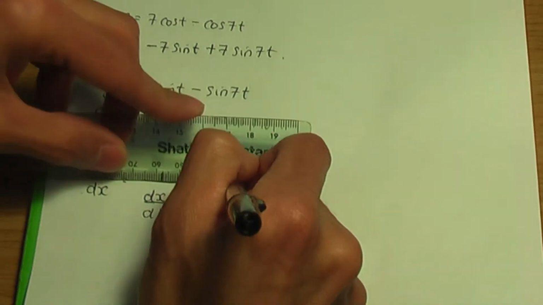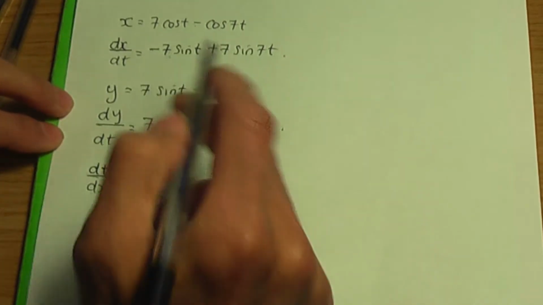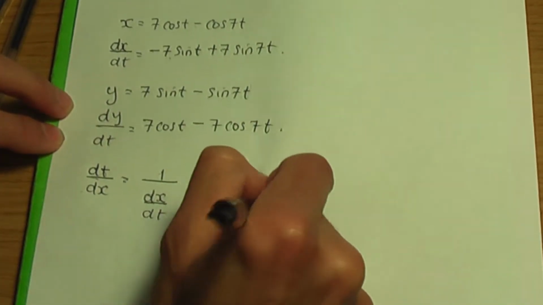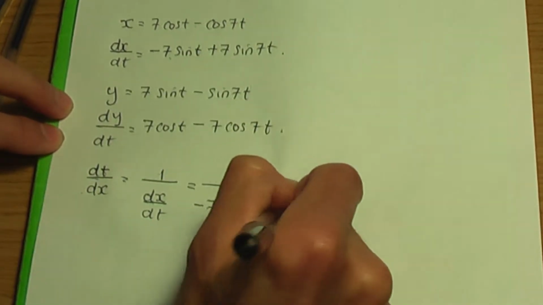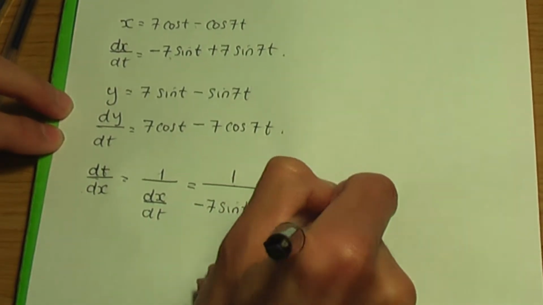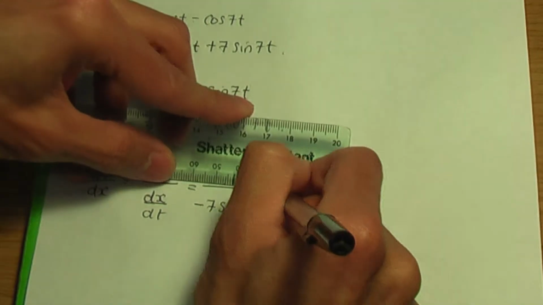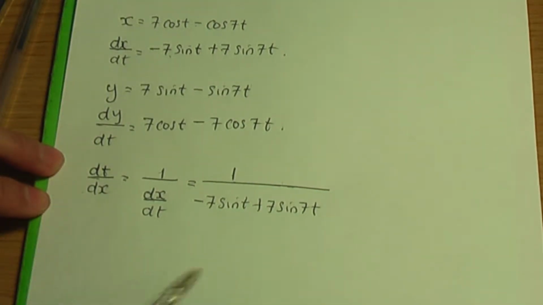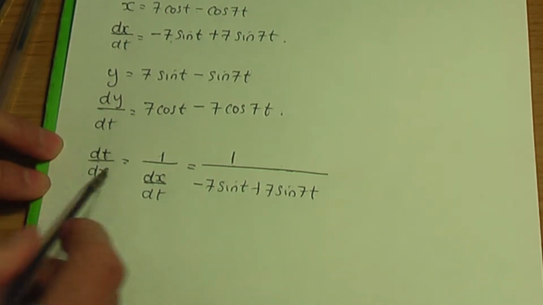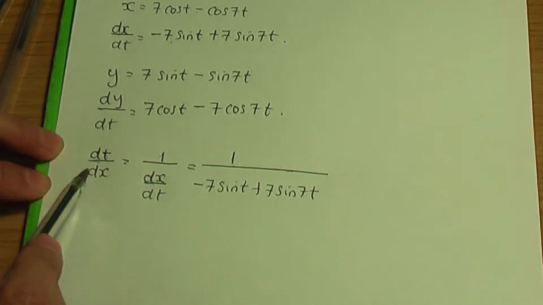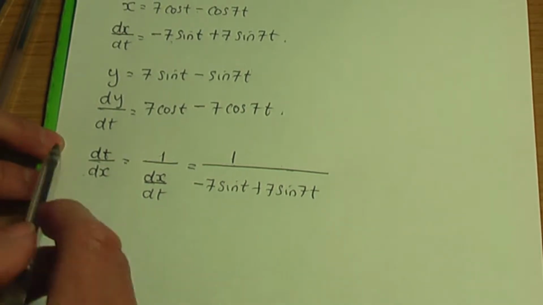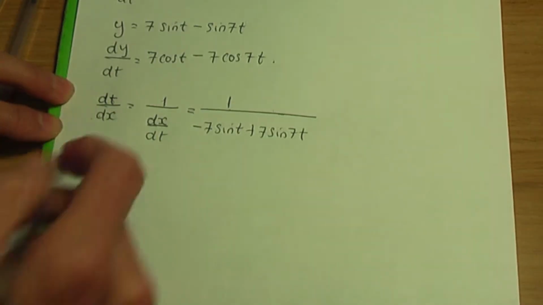So we have 1 divided by dx over dt, which is minus 7 sine t plus 7 sine 7t. So this is the answer for dt over dx. And using the answers for dy over dt and dt over dx, we can now use the chain rule to work out dy over dx.